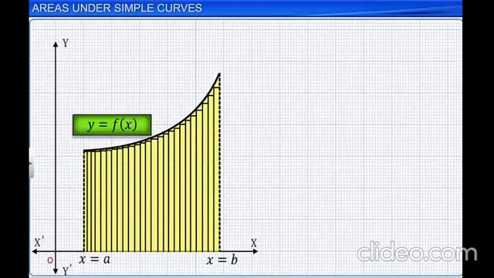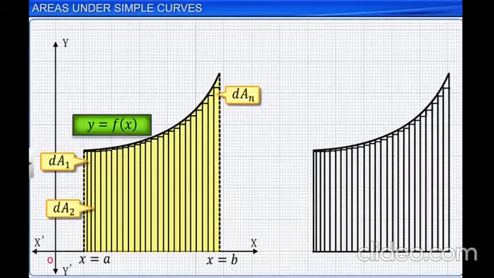Let the area of the first rectangle be dA1. Let the area of the second rectangle be dA2, and so on, and let the area of the last rectangle be dAn. The sum of the areas of these rectangles can be assumed to be approximately equal to the area of the required region.